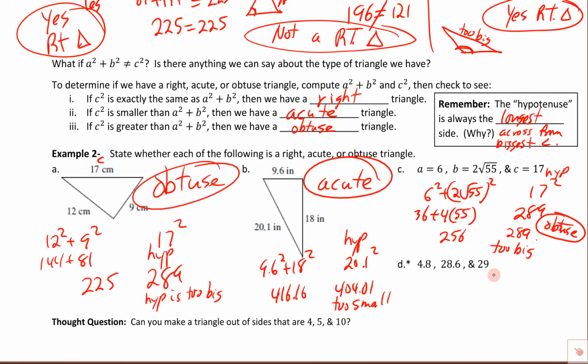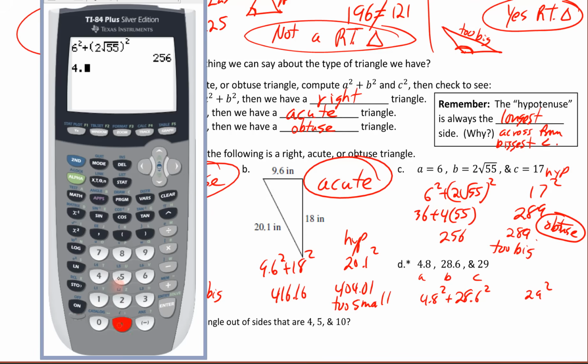Okay, let's look through here. Let's see what we've got. We've got an asterisk by this, so we probably ought to be a little bit careful. That is a leg, that is a leg, and that's the hypotenuse. So let's do 4.8 squared, 28.6 squared, and let's check 29 squared. So let's throw this in the calculator. That's kind of a mess there.